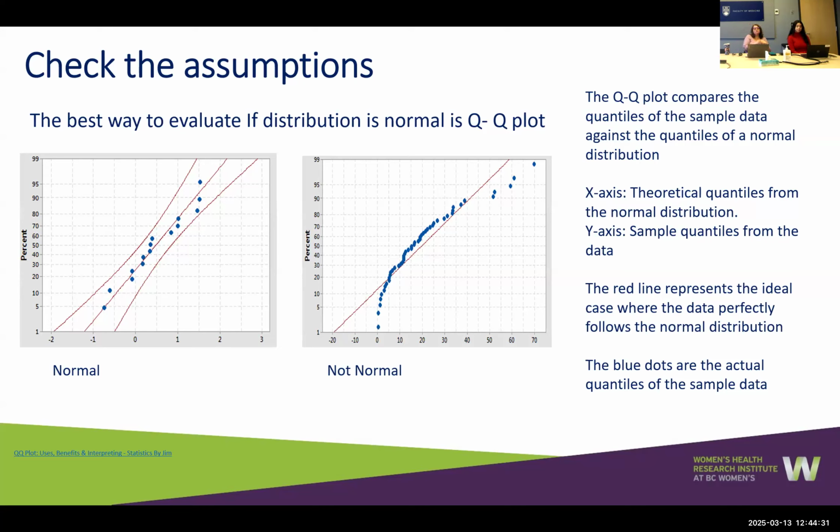Some say you can use transformation to make it normal, and the most common transformation for your data is log transformation. So you can do a log transformation of your data.